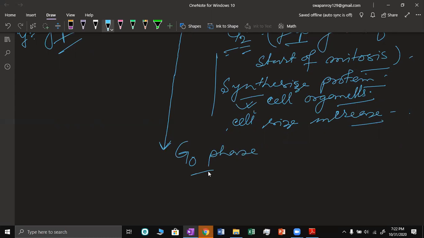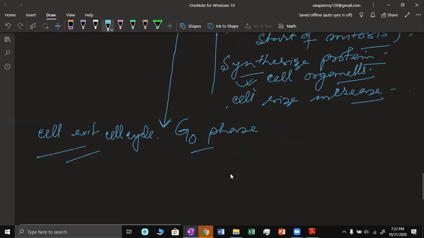That is, here the cell exits the cell cycle, exits the G1 phase.